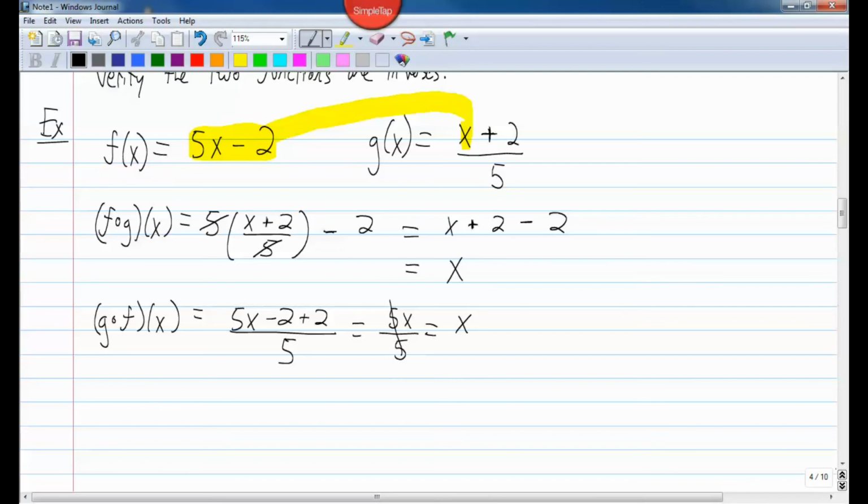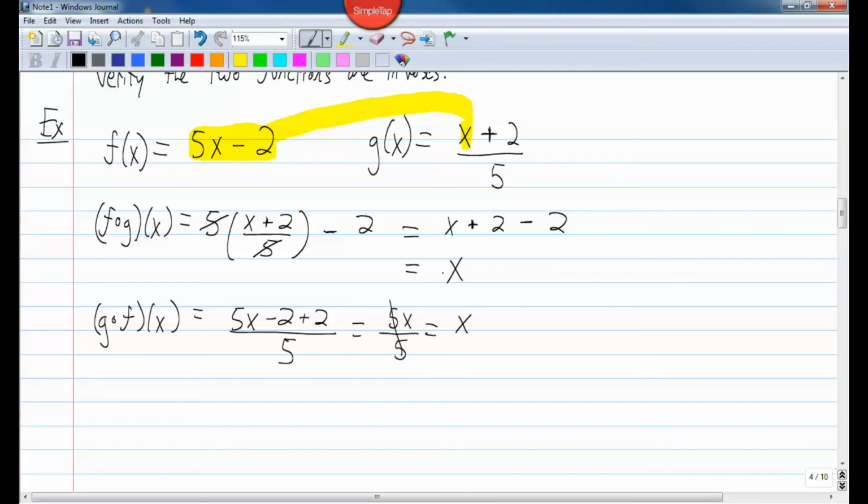Now if I wouldn't have changed this to plus, then that wouldn't have happened. If this would have been a minus up here, like I originally had it, then I would not have gotten just x for both of those, and they would not be inverses. Alright?